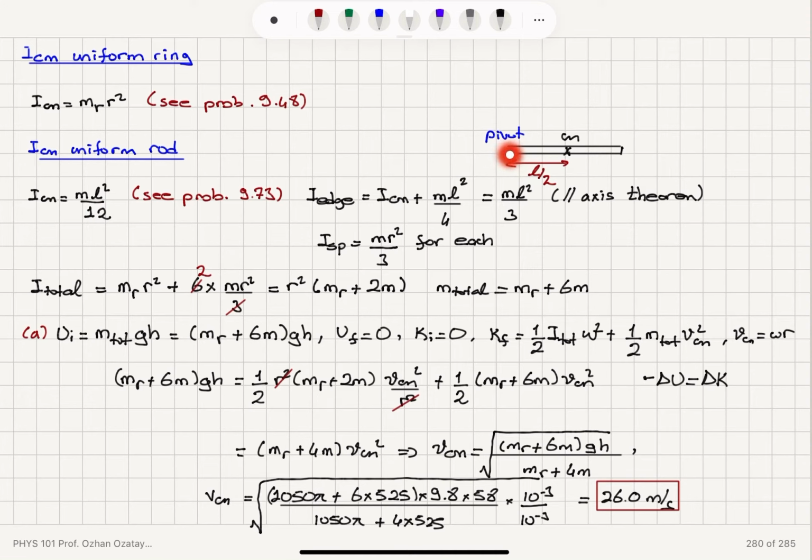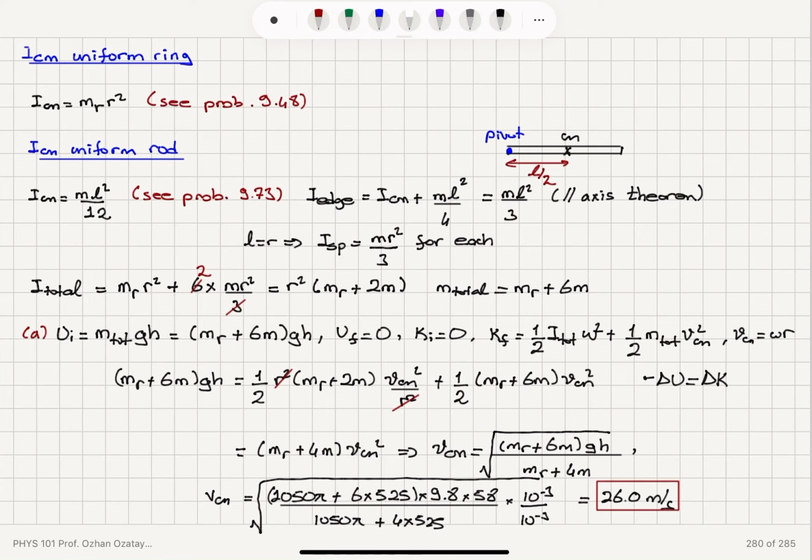For one end, using the parallel axis theorem, it is m L squared over 3, but L is equal to R here for each spoke. So this is going to be m r squared over 3. The total moment of inertia will be the contribution from the 6 spokes plus the rim. We have r squared times (mr plus 2m). And the total mass is mr plus 6m.